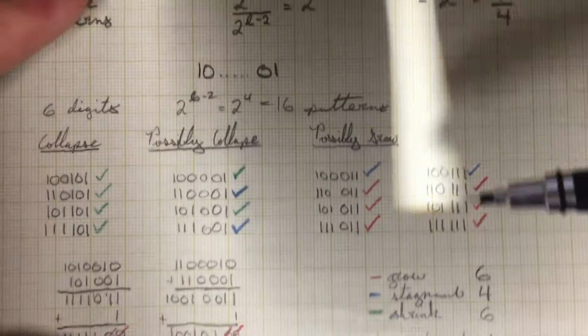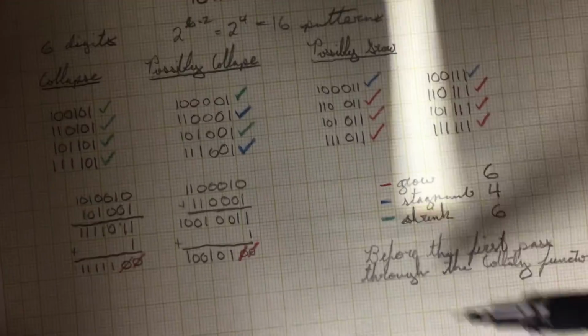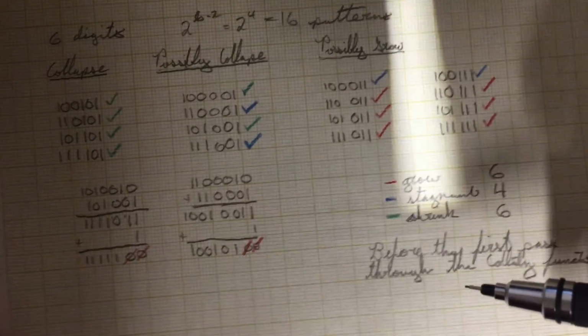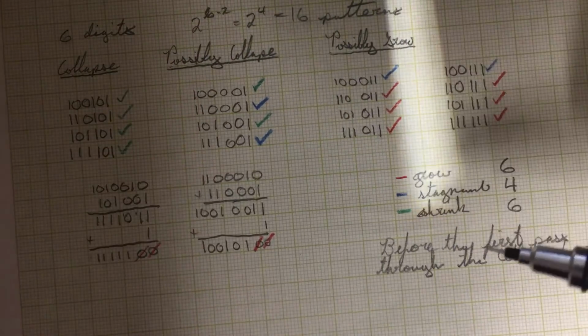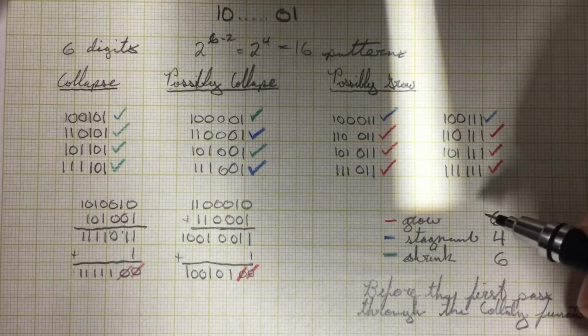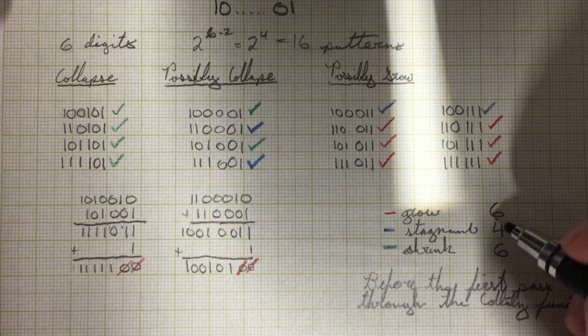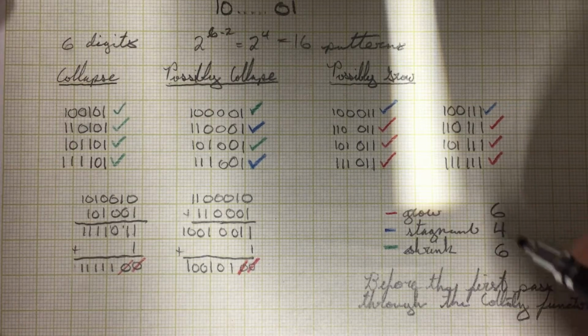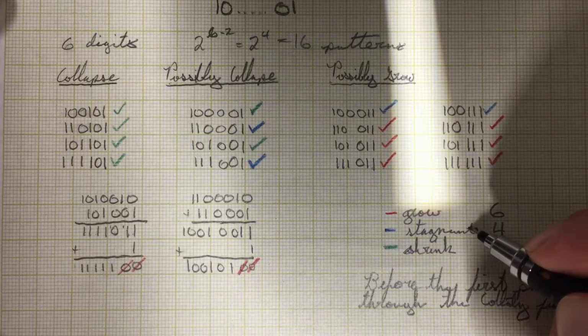So this is how they're going to behave when I chuck them into the box that is the Collatz function for the first time. So yeah, 6 are going to shrink, 6 are going to grow, and 4 are going to be stagnant.